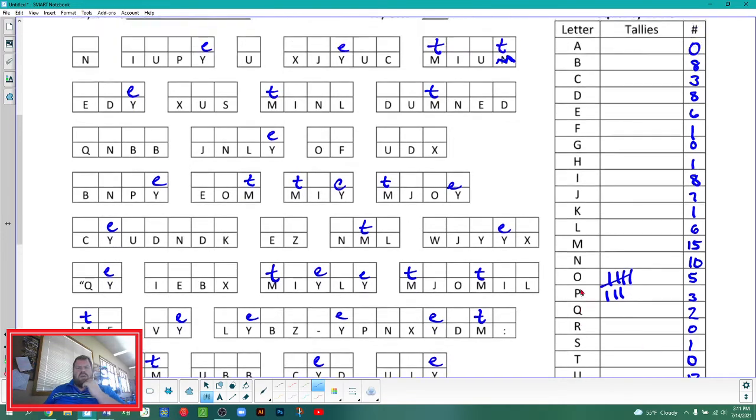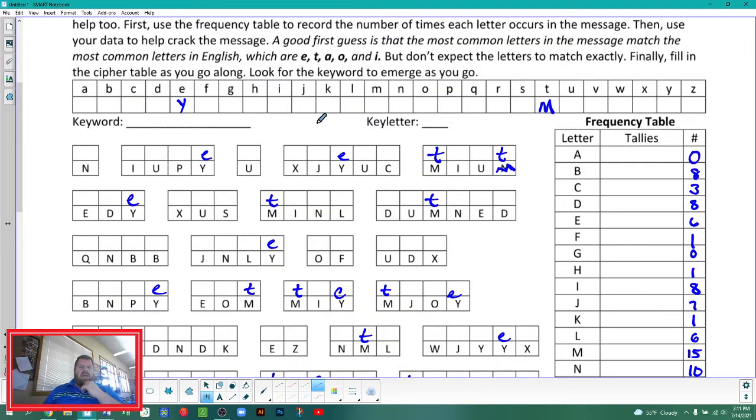Out of those, the most common is U, and in this list, A comes before I. So this is the common letter list.